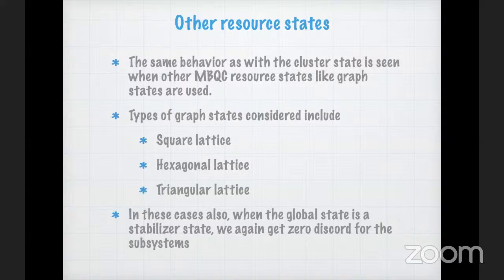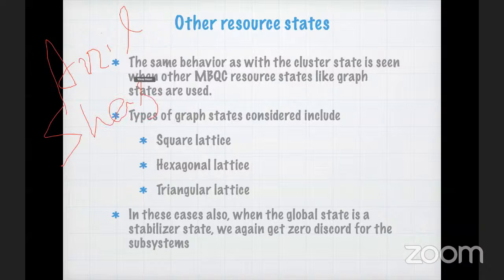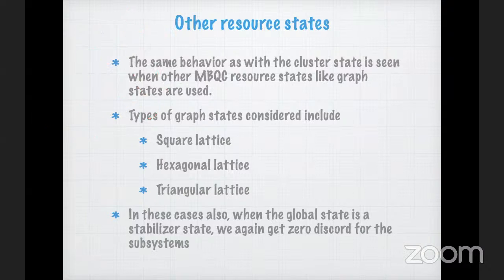So in this case also we can do a similar calculation, because of the structure endowed. We again get a zero discord for the case where these states become a stabilizer state.